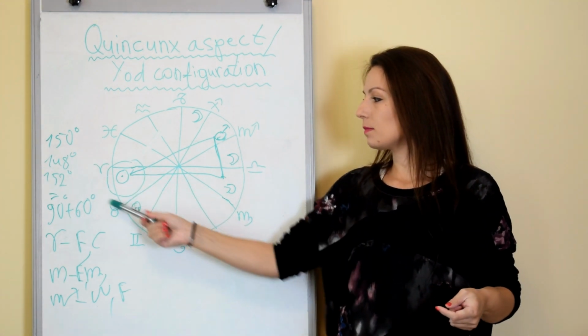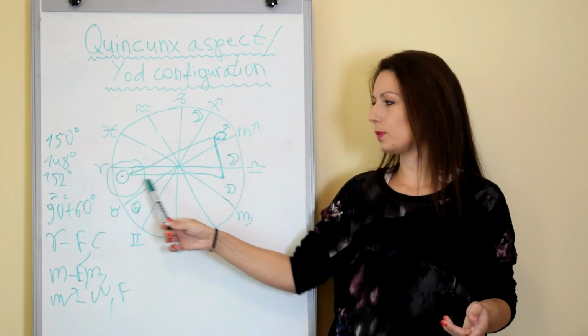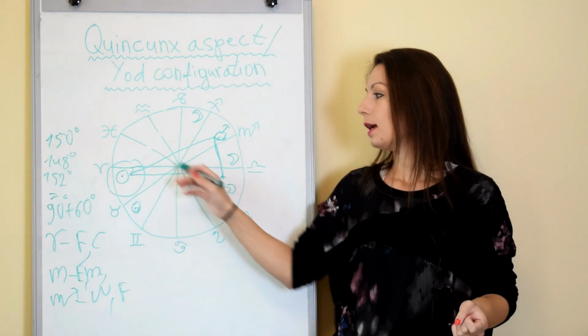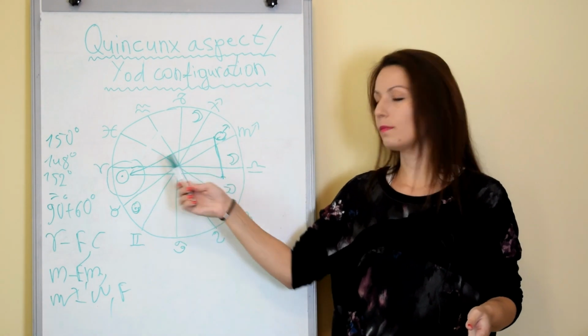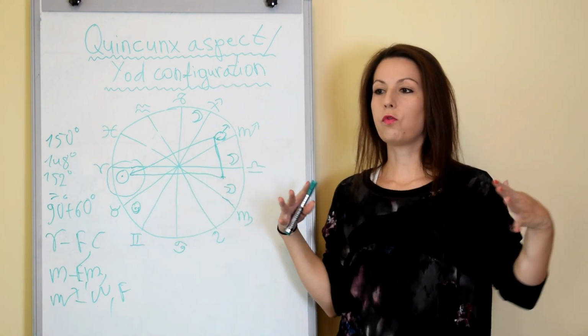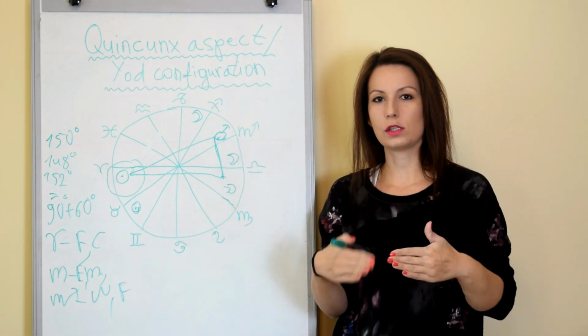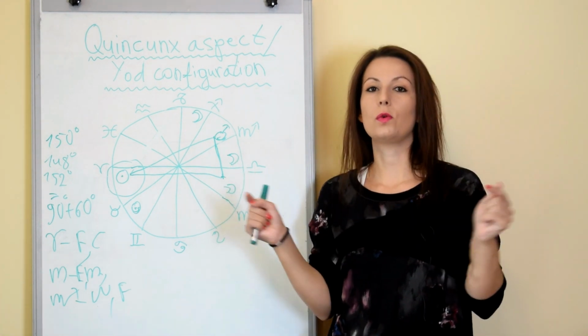Yes, there might be some challenges that you need to overcome in the area which this planet indicates and signifies in the horoscope. There might be some difficulties, but after that you can benefit from this. You're forced, in a way, by fate to focus on this topic. And if you try to neglect it, then the circumstances will force you.